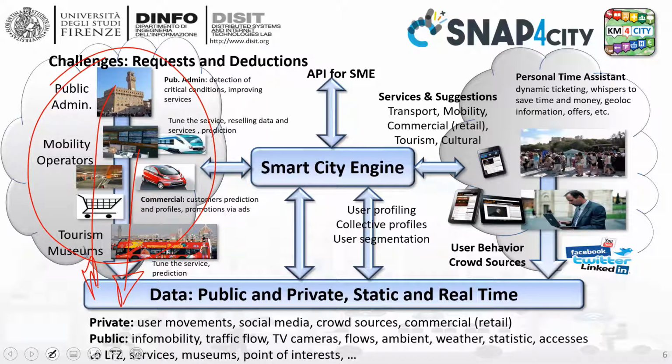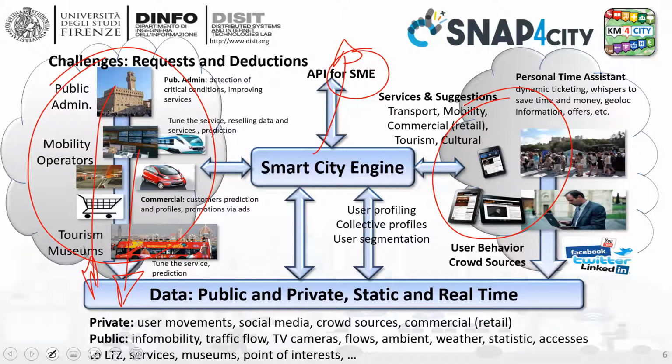All this information can be collected in a layer for the Smart City engine, and the Smart City engine can provide this information through APIs, for instance, to SMEs or other small medium enterprises and other applications. In the same manner, the Smart City engine with the Smart City APIs can also provide this information to mobile apps and totems and services for the final user.